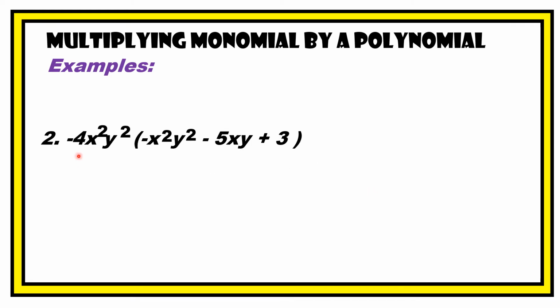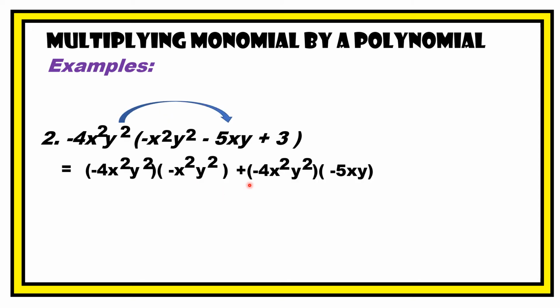Number 2, negative 4x squared y squared times the quantity negative x squared y squared minus 5xy plus 3. So, didistribute natin yung negative 4x squared y squared sa bawat term. So, we have negative 4x squared y squared times negative x squared y squared.